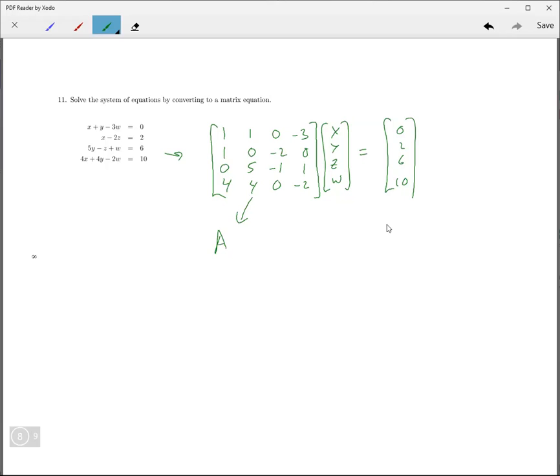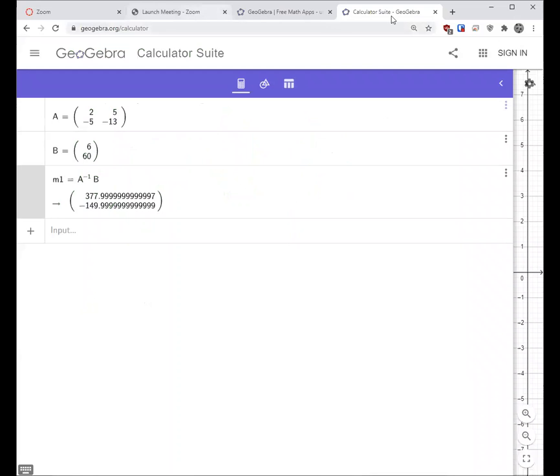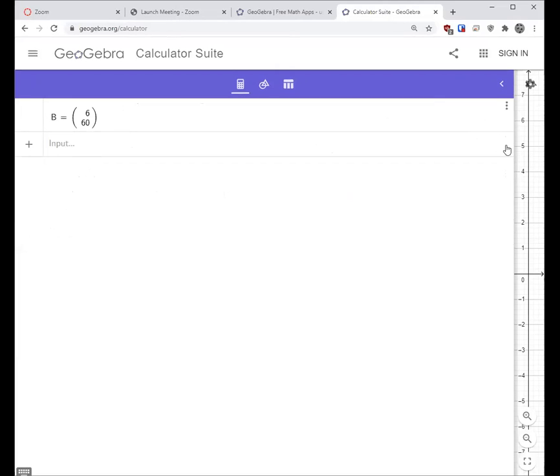Okay, so I'm going to make that A and make that B, and the answer will be A inverse B. So let me delete these.